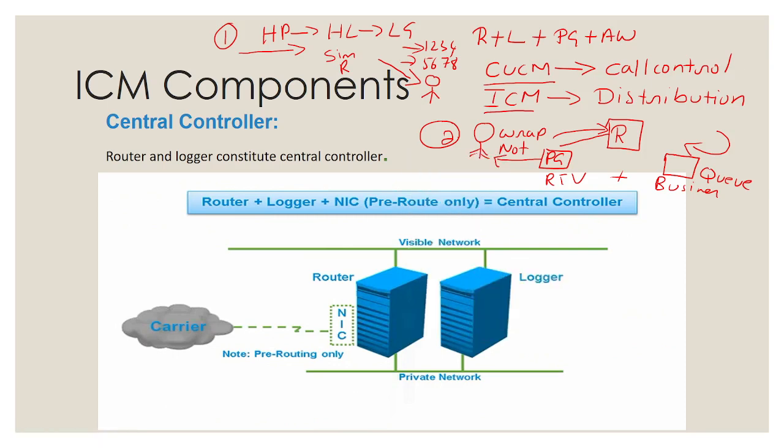Let me explain a little bit more about the router and the logger. Router has memory and logger has a database. The router makes the decisions and is the brain of the contact center. Every side of the router has its respective logger.